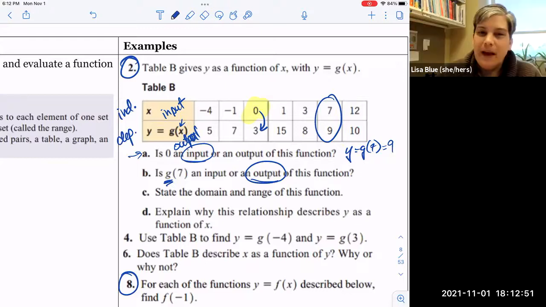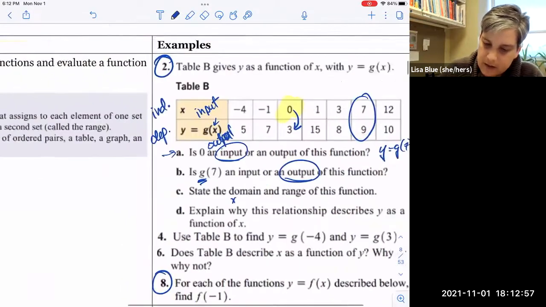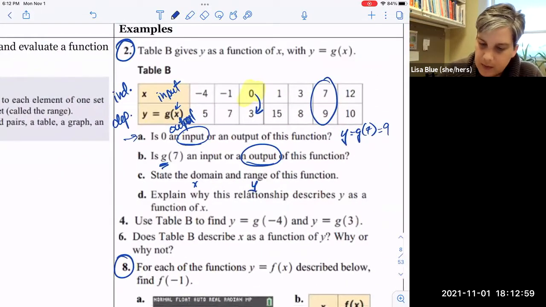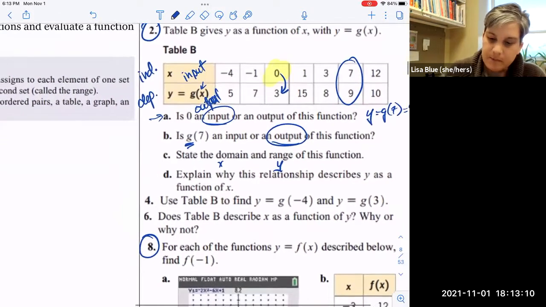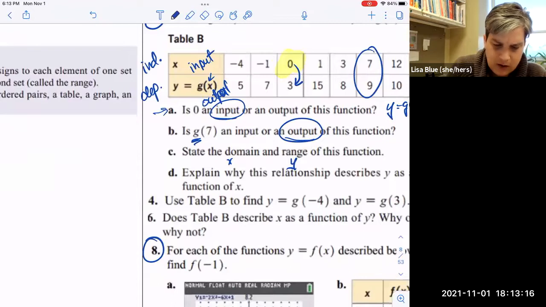Awesome, cool. And then when we're talking about the domain and range, okay, the domain is going to be all of the x values, and the range is going to be all the y values. And when you have this set of ordered pairs, you have to list the domain values and the range values in set notation. I think set notation is what they call it.